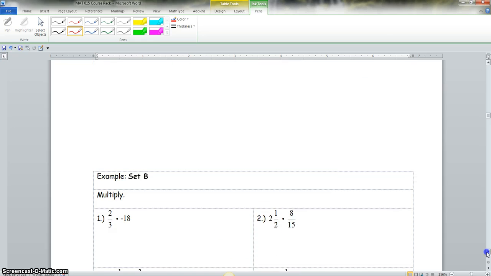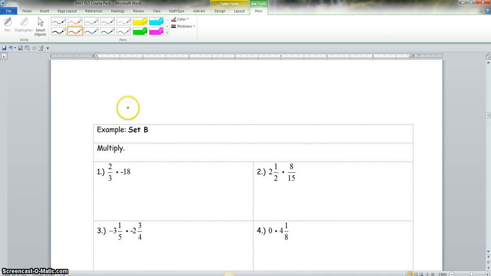Okay, let's take a look here at number 1. First of all, we have a positive times a negative, so we know our final answer is going to be negative. Now we could put a 1 under this 18. So 2 is prime, and 18 we know breaks down to 2 times 3 times 3.